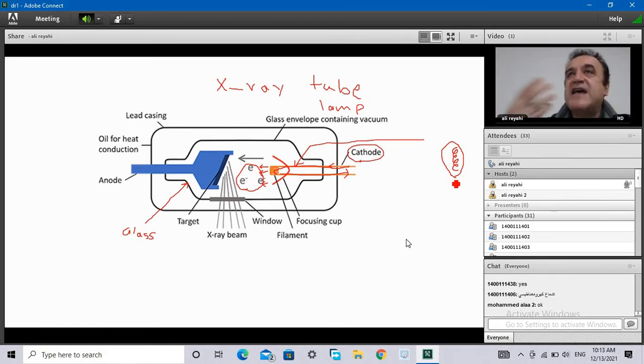This metal is tungsten. This filament is heated by a little current going in and coming out, and then the filament is heated and produces electrons.